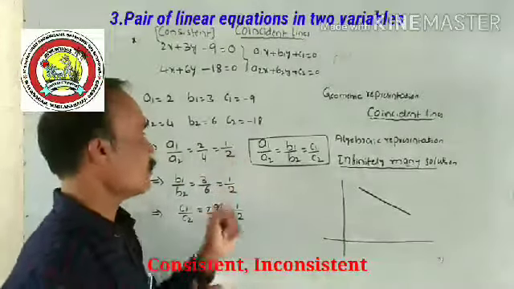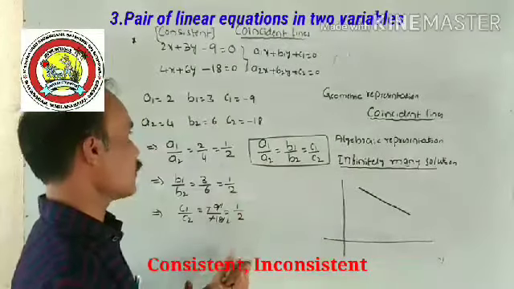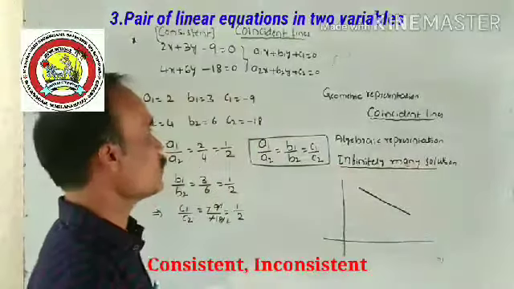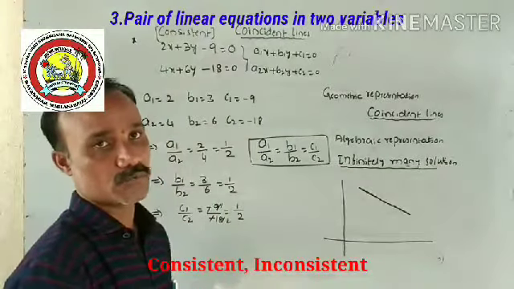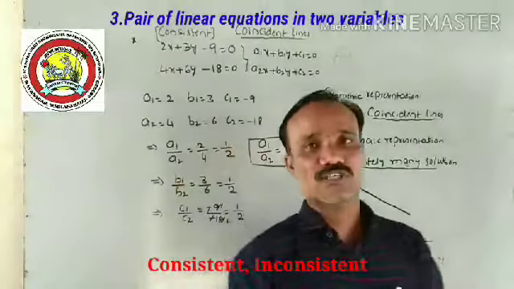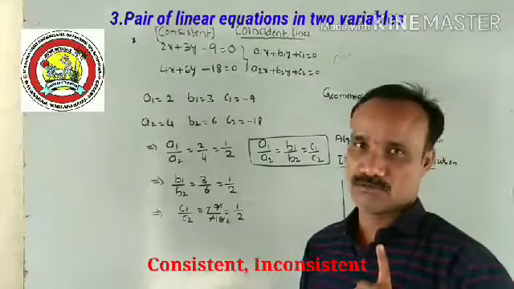If a1 by a2, b1 by b2, c1 by c2 are all equal, then we can say coincident lines. In the first case, a1 by a2 is not equal to b1 by b2, then we can say intersecting lines. In this case, the equations are consistent and have exactly one solution.